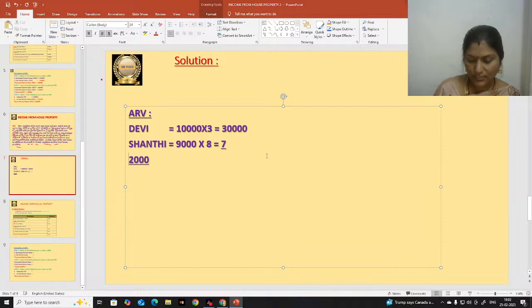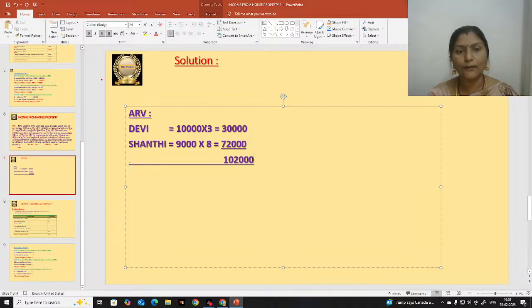So how much she is receiving from Devi and Shanti? You can add it. 30,000 plus 72,000. So how much she is receiving? 1,02,000. 1,02,000 is the rent that she is receiving from both the tenants. Hope this is clear for everyone.